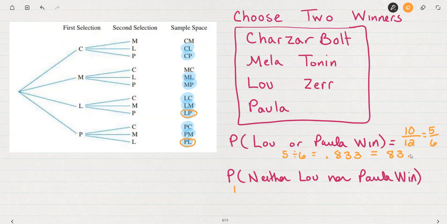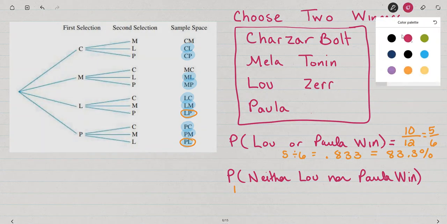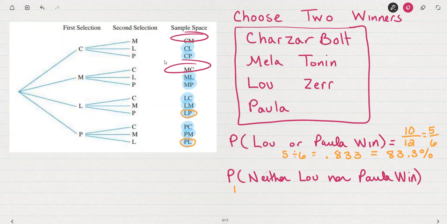So 83.3% chance that at least one of them will win. And notice that if I wanted to calculate the probability that neither of them wins, that just leaves these 2 other outcomes in the sample space. That's where Charizard and then Mela win, or Mela and then Charizard.